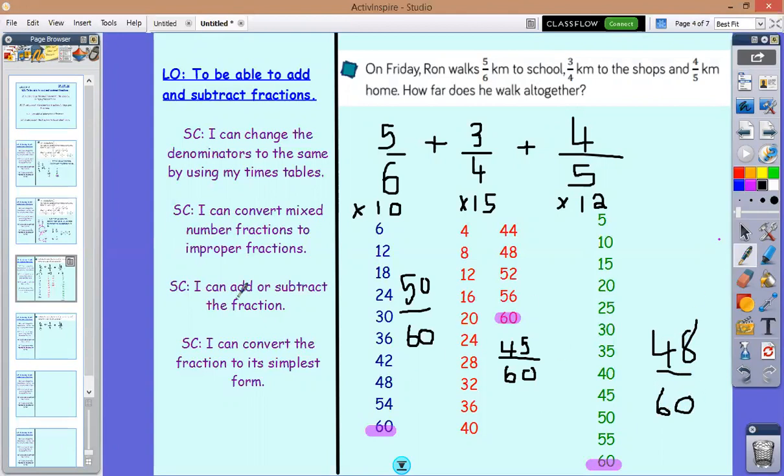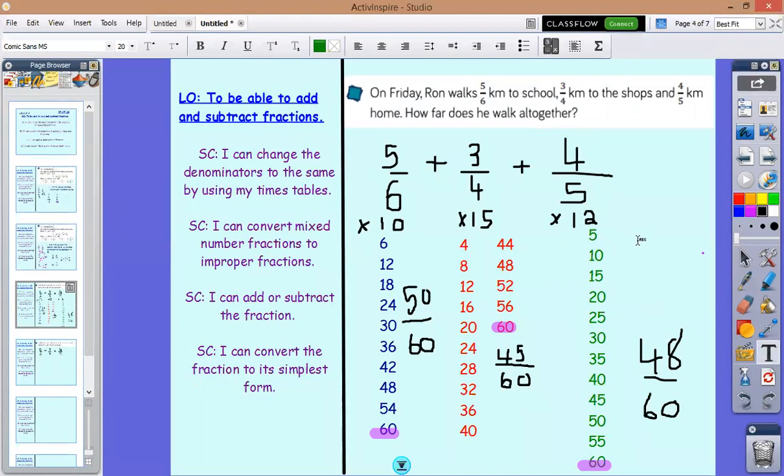So I need to add the numerators. My numerators are going to be 50, 45, and 48. If I add 50 and 45, that equals 95. Add 48. Now I'm going to do 95 add 48 all in my head, a really simple way.